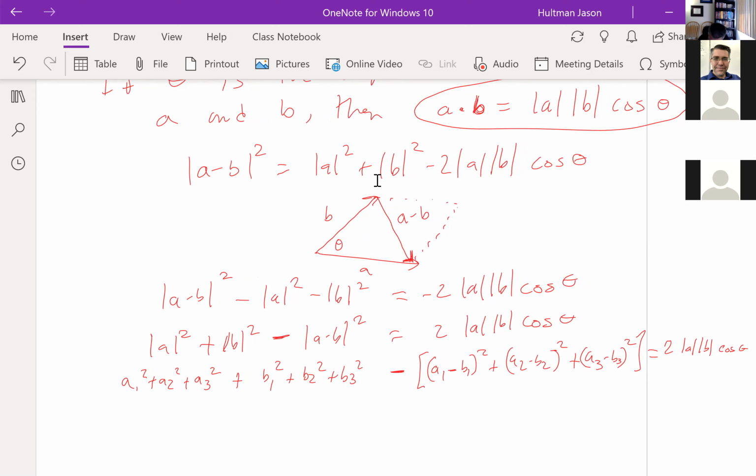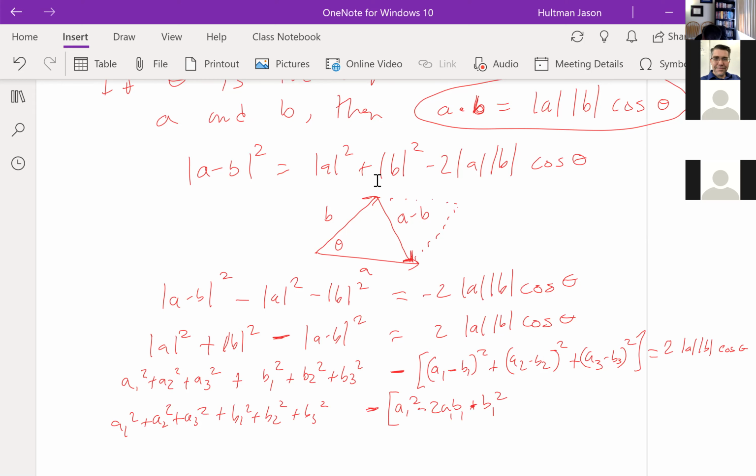Let's see what we get over here when we multiply this out. We get A1 squared plus A2 squared plus A3 squared plus B1 squared plus B2 squared plus B3 squared. This is going to be minus A1 squared minus 2 A1 B1 plus B1 squared.